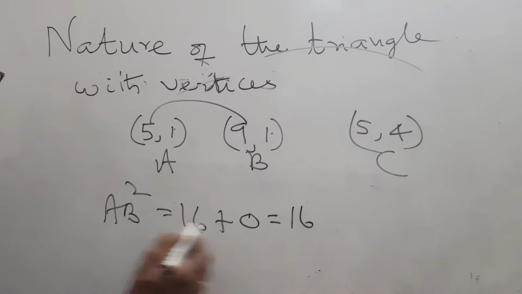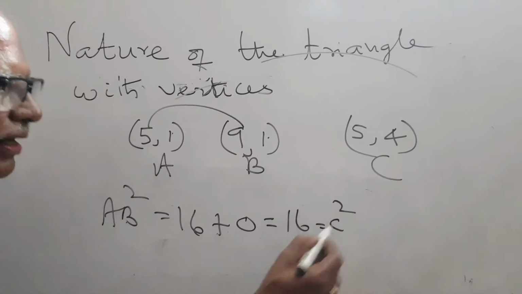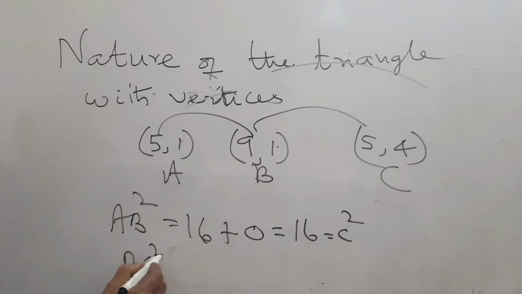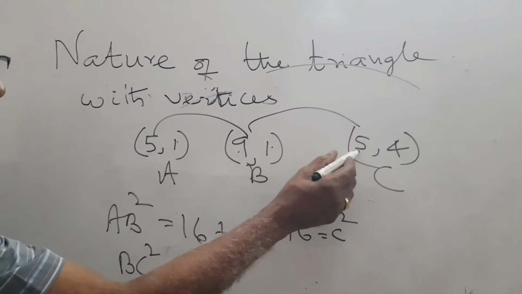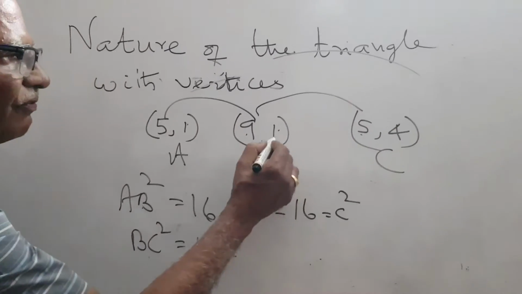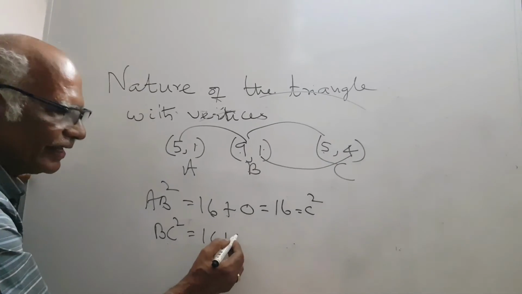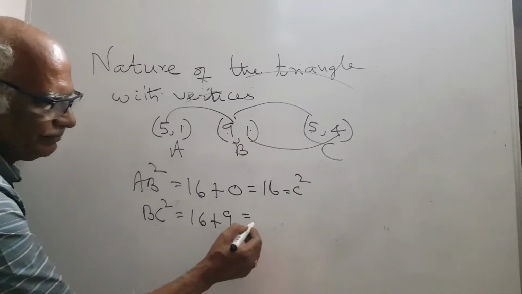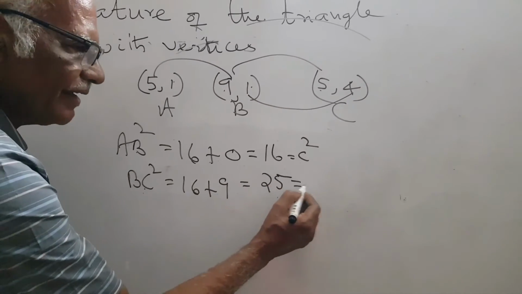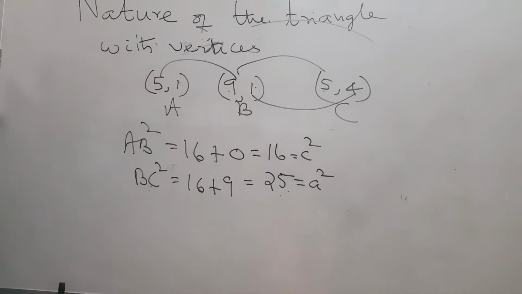And because AB is coming, it is c square. Now BC square: 9 minus 5 is 4, square is 16. 4 and 1 difference is 3, square is 9, so it is 25. BC is a, so a square.